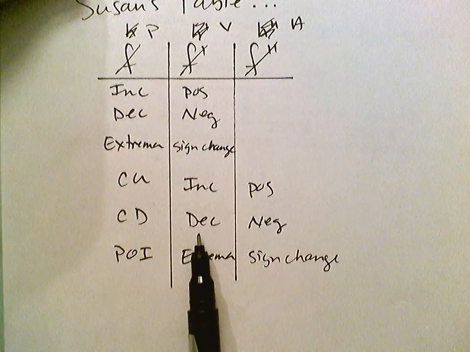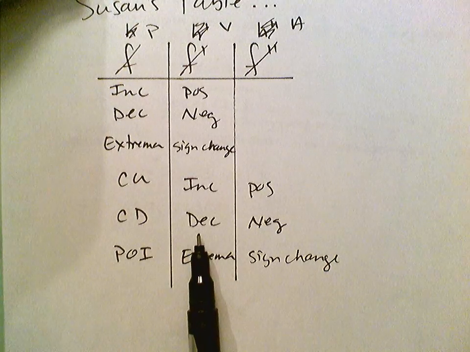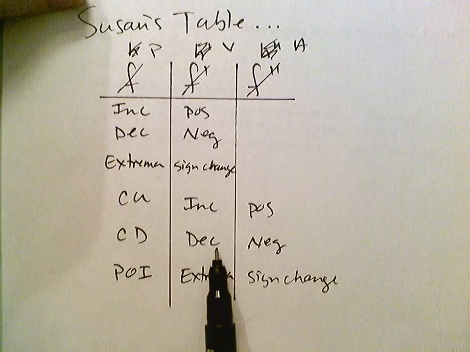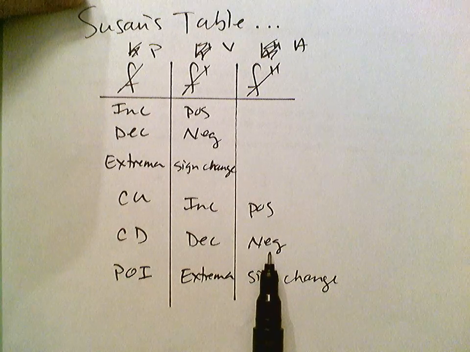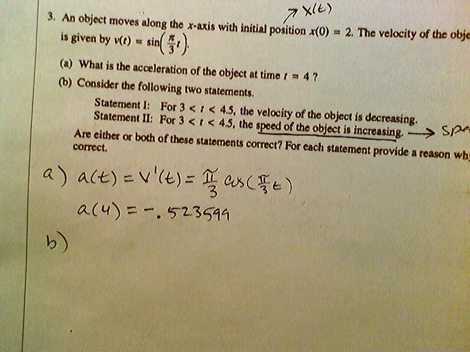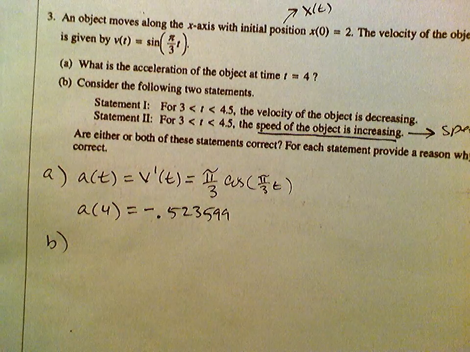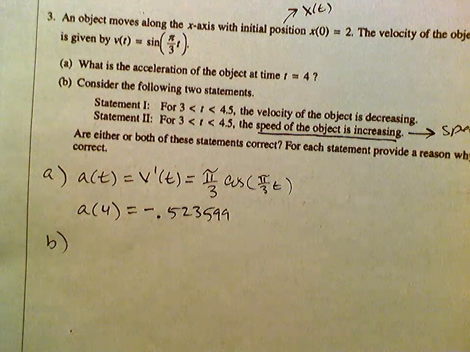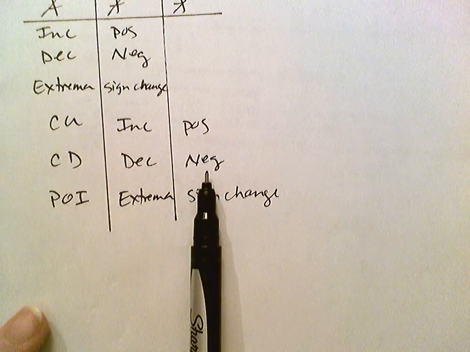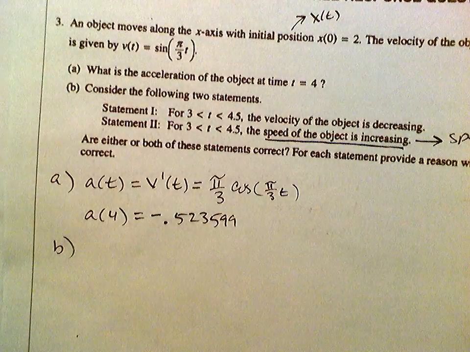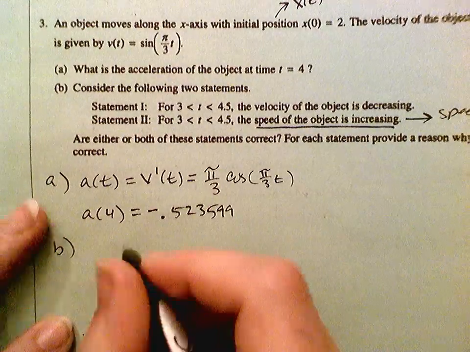Well, the velocity is going to be decreasing when the acceleration is negative. The first derivative decreasing means the second derivative is negative. So I just have to ask myself if the acceleration is positive or negative on this interval. I already have the acceleration function.